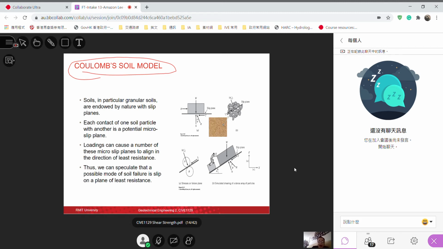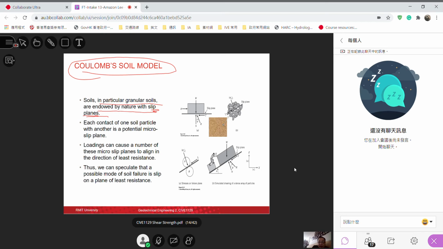But anyway, he applied it to the soil. What he's saying here is soil is a particular granular material. Basically, we have a so-called potential slip plane. When a soil wants to fail, it will fail at a particular slip plane.